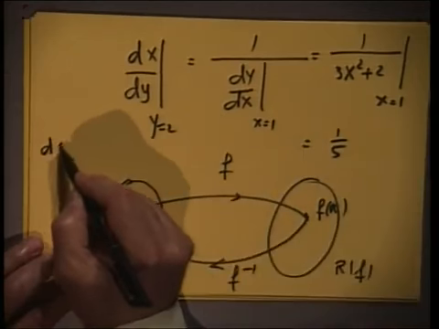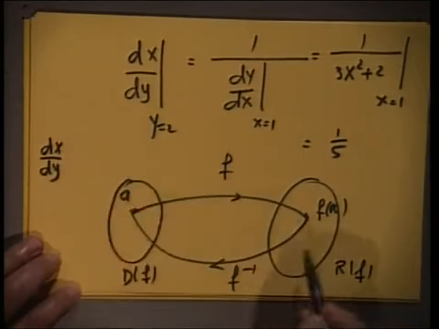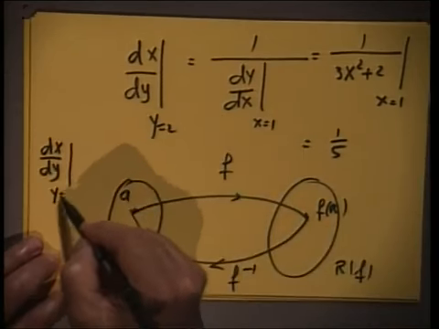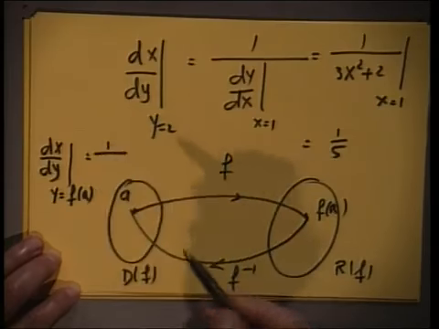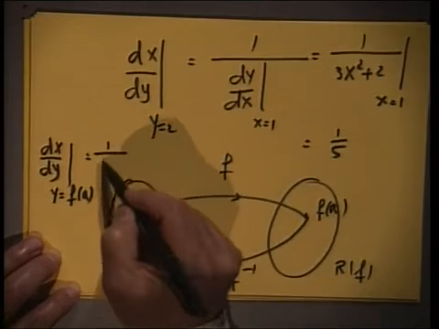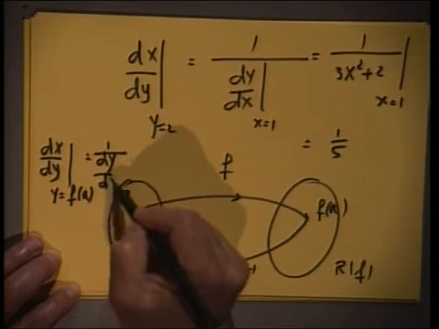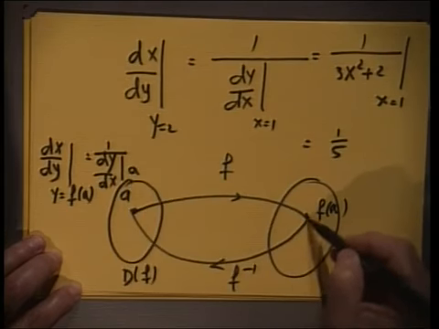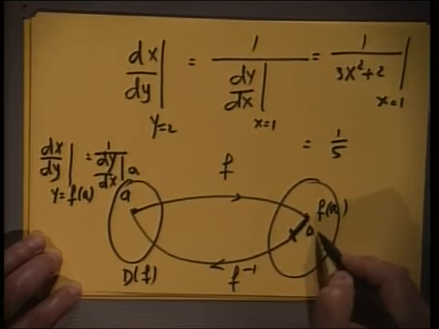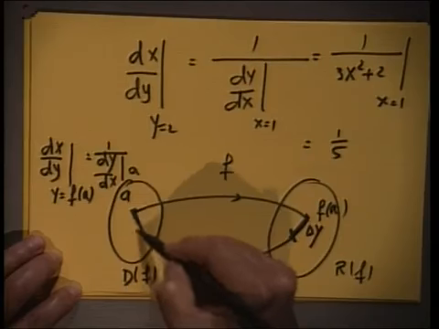So briefly, you say dx by dy at the point y is equal to f of A is equal to 1 over dy by dx at the point A. So you differentiate, you get the what? This is the change dy, and this is the change dx.